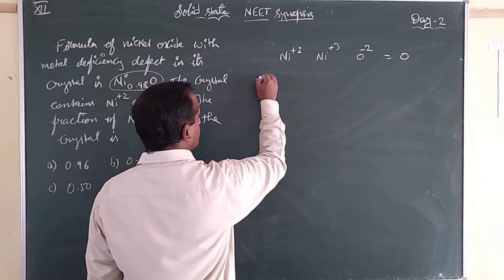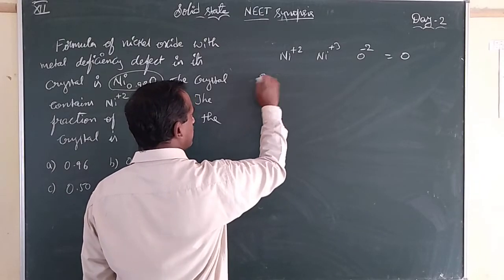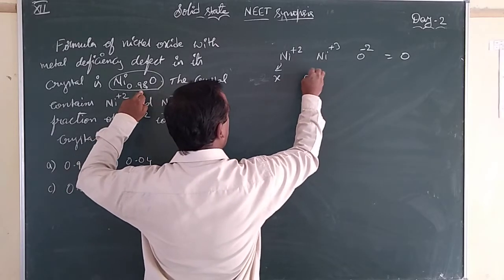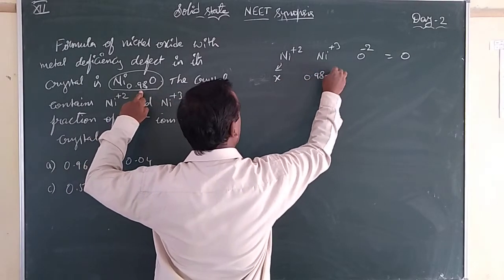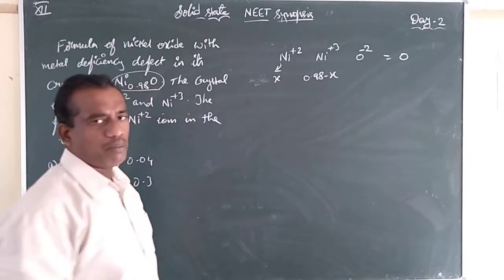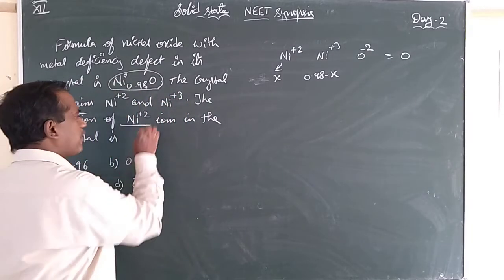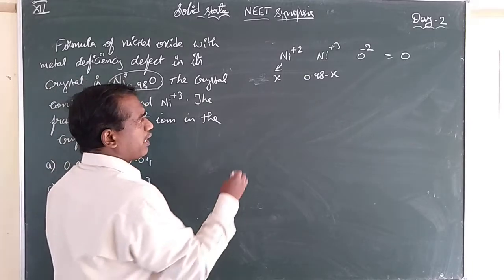So let us say the nickel plus 2 is x, and from the 0.98, if we subtract x, we can get the Ni plus 3. How much fraction is there? But the question is regarding the fraction of Ni plus 2.